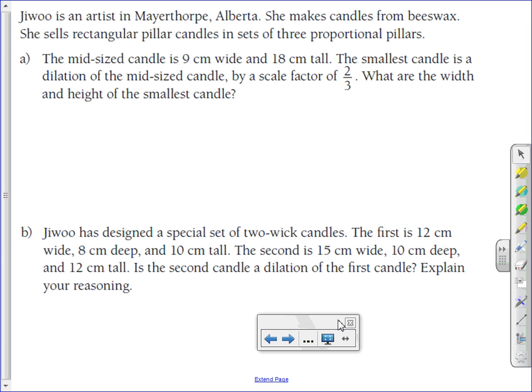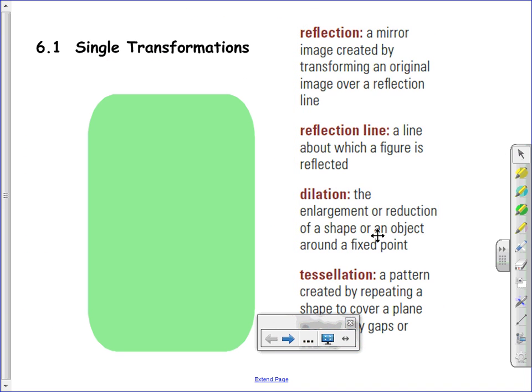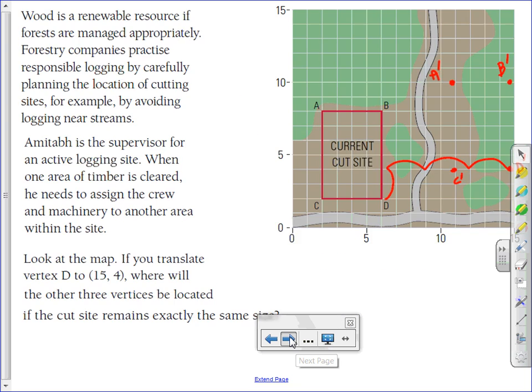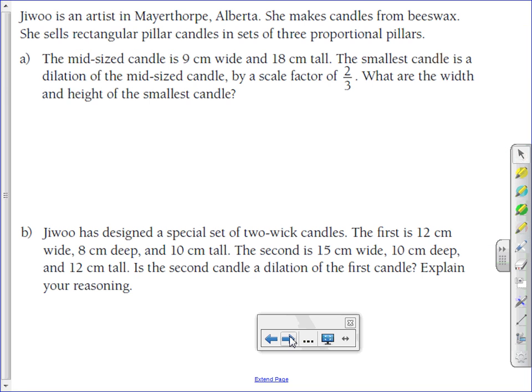You'll also have to deal with scaling things smaller and larger, and if you look back at your definitions here, that is a dilation. Okay, a tessellation is what we just did, which is taking the same picture and repeating it to make some sort of an eye-appealing design. Here we're going to decrease or increase something, and in this question we have a scale factor.